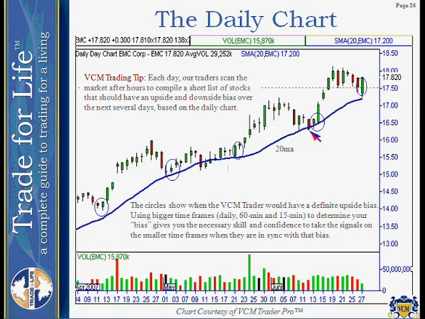So if you get a solid green bar at or near a 20-period moving average on the daily, it gives that daily bar extra kick.